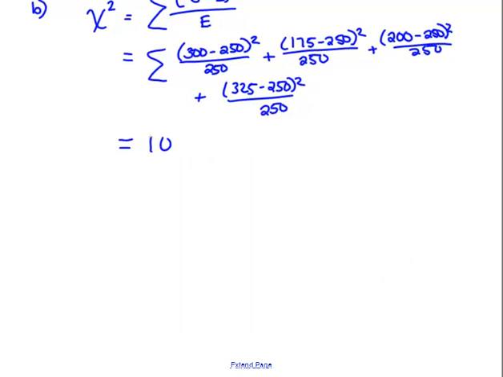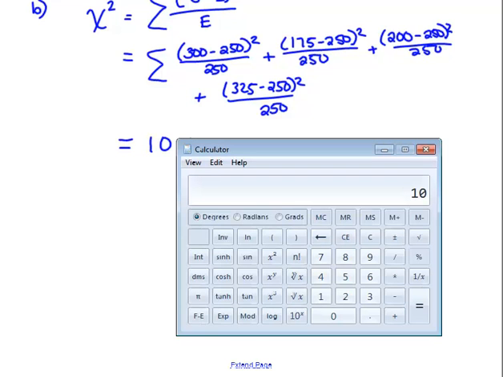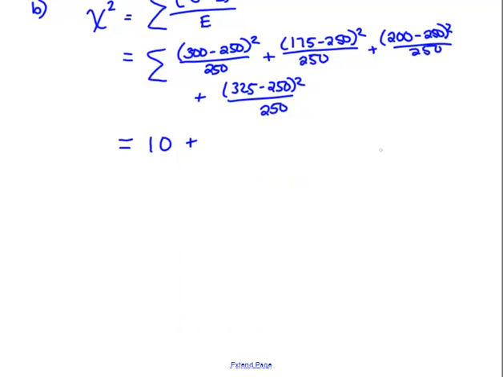So we have 10 here. 175 minus 250 is negative 75. And when you square that, you get 5625 divided by 250 is 22.5. The third, again, it's 200 minus 250, negative 50, squared divided by 250 is going to give you 10.